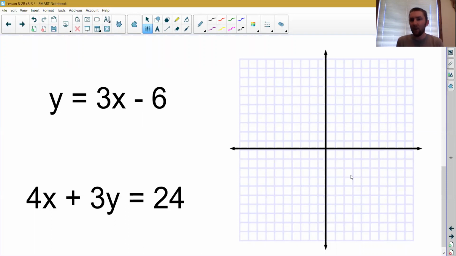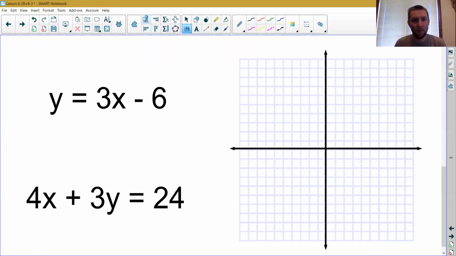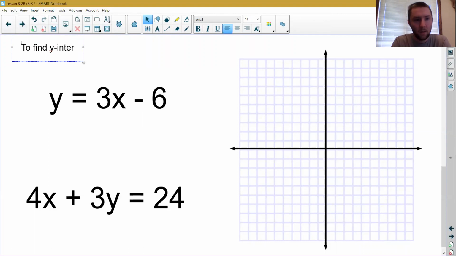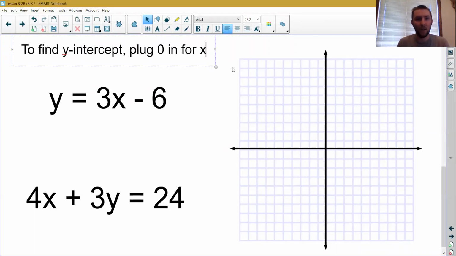So to find the y-intercept, we plug 0 in for x. That's going to be our strategy to find the y-intercept.